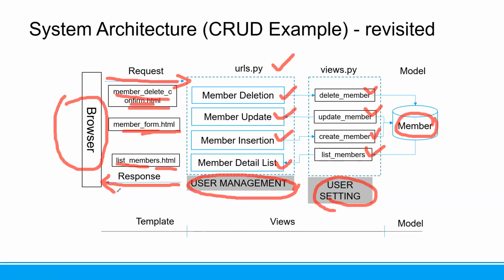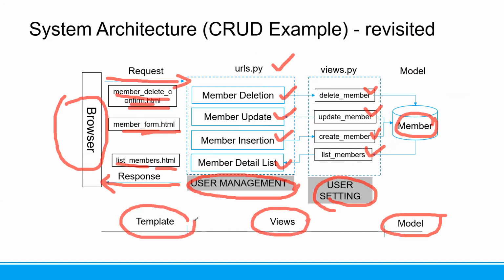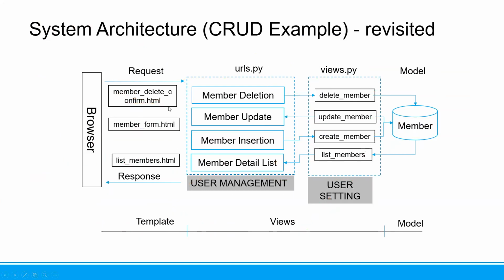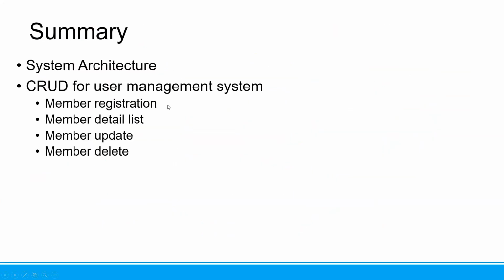And we have this one as the models, this one as the views, and this is the template. Okay, so yeah, we already did the system architecture and the user management system for the registration, make the lists and then update and delete.